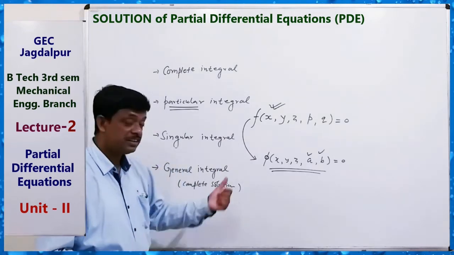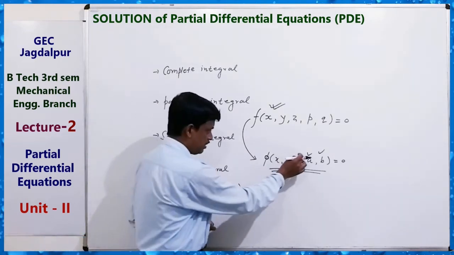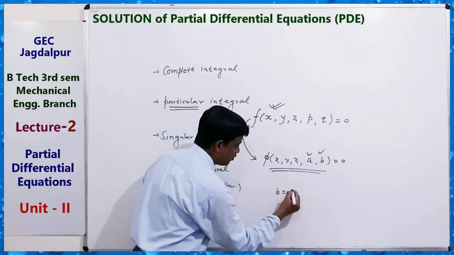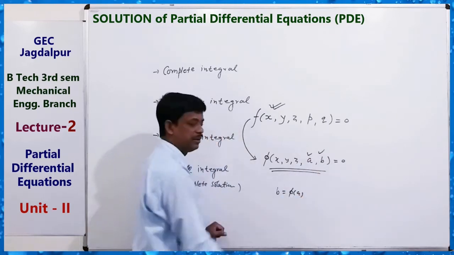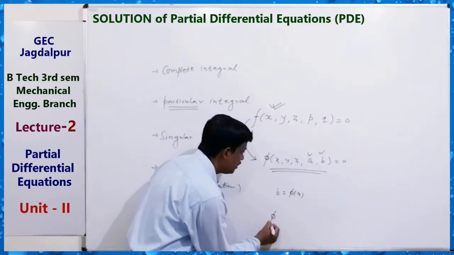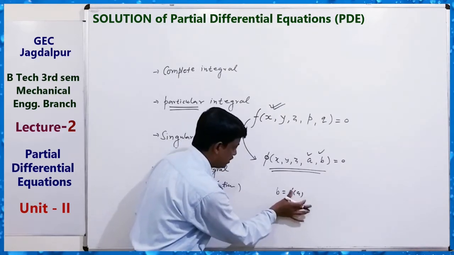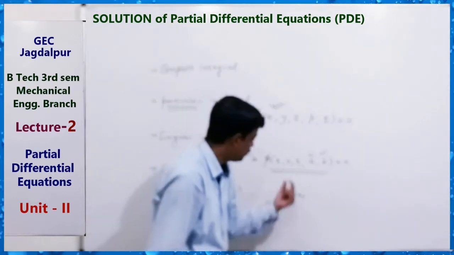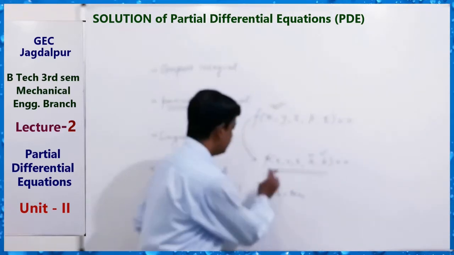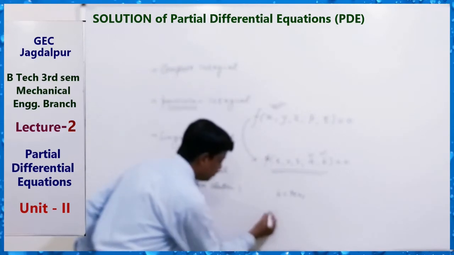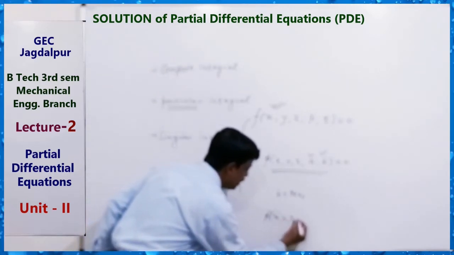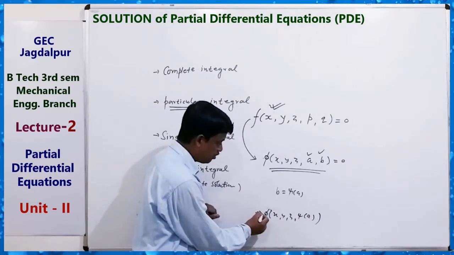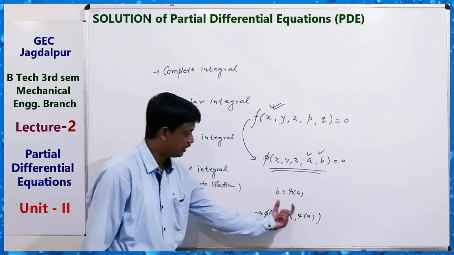Now the general integral. If we put b equal to phi of a here, that is, b is a function of a, we get a relation in x, y, z and a, and this is also a family of surfaces where a is taken as a parameter.